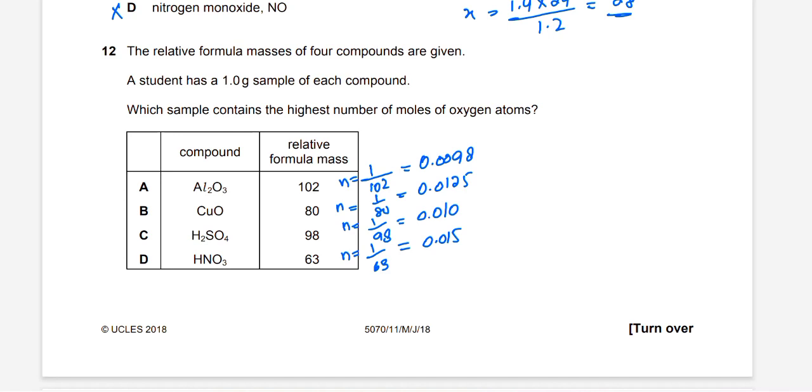Now, because this is the number of moles, and if one mole contains 3 oxygen atoms, we will multiply by 3 because we have to find moles of oxygen atoms. 1 mole contains 3 oxygen atoms.